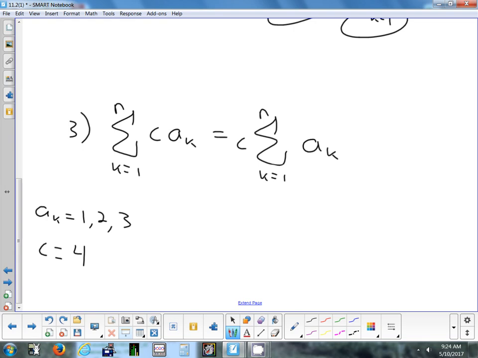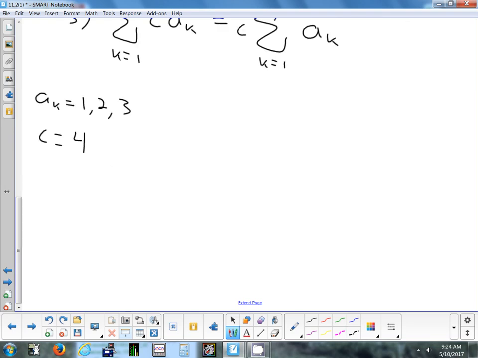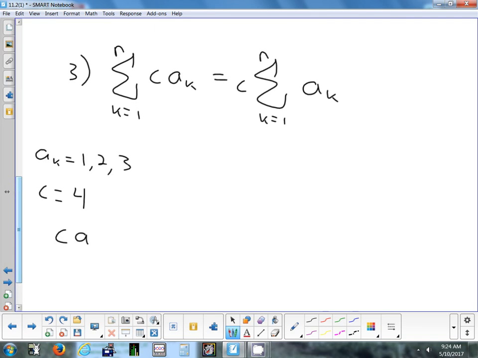Let A sub k be the sequence 1, 2, 3. And let C equal 4. If I wanted to do C times A sub k, what that means is take every term and multiply it by C. Okay. So we're going to multiply everything by 4.